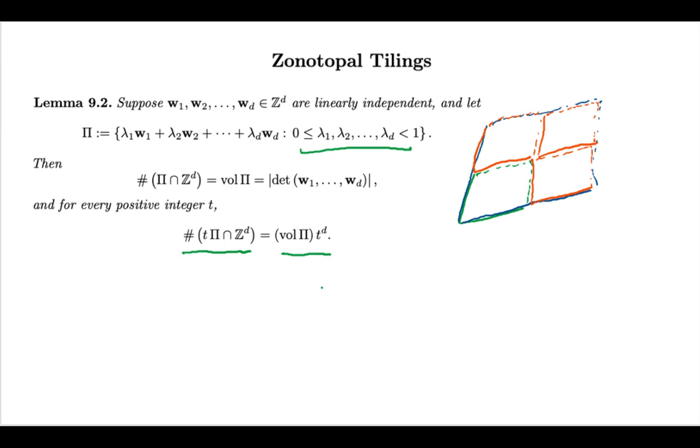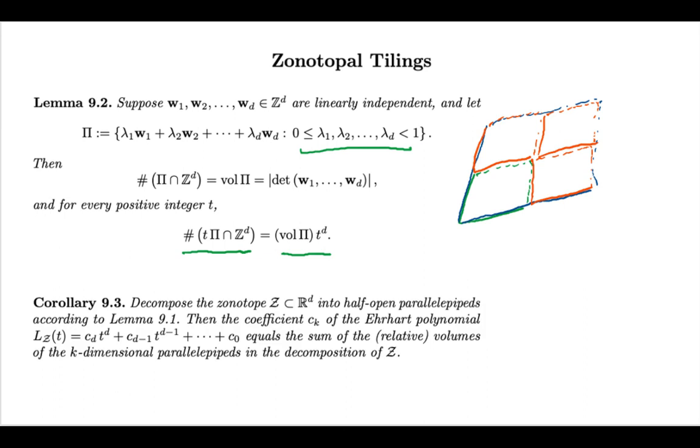Anyway, if we now use this lemma in our tiling of a zonotope, we get the following corollary. We have a lattice zonotope, if our zonotope is generated by integer vectors, and then fix the tiling that you saw on the previous slide, then we can compute the coefficients of the Ehrhart polynomial of the zonotope using relative volumes of those parallelepipeds in the tiling.